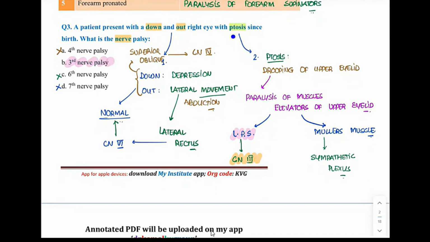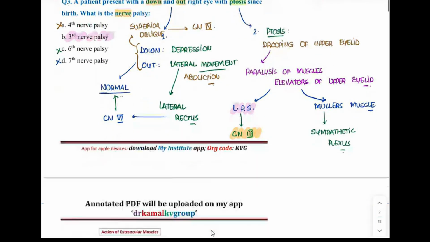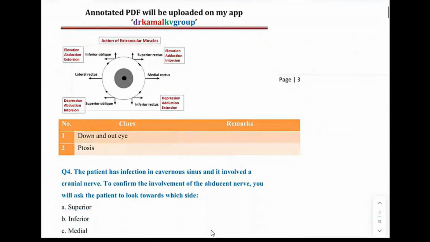Either going with the concept of ptosis, which leads to third cranial nerve, and down and out means abducens is okay, trochlear is okay. So what is left? Third nerve. So here we can say that this is down and out means the superior oblique and lateral rectus are normal. They are not paralyzed.